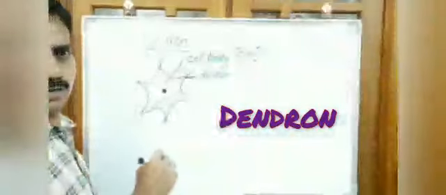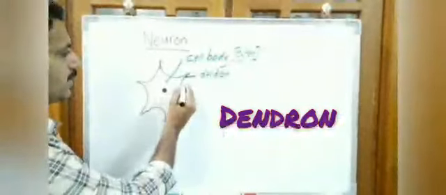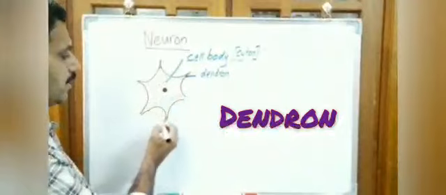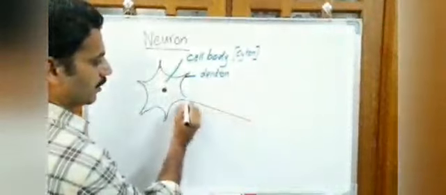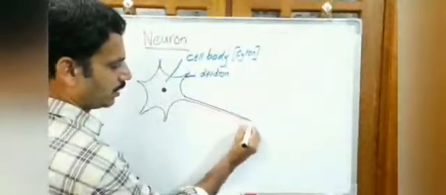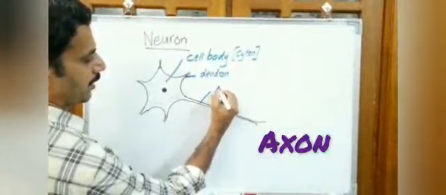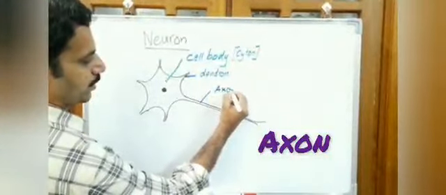All the short filaments are dendrons. There is a long filament. You can see the long filament. The long filament is called axon.